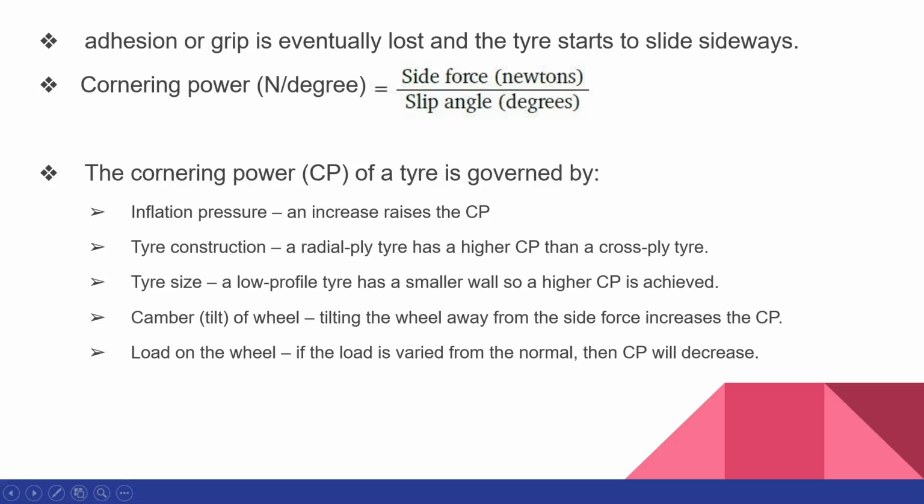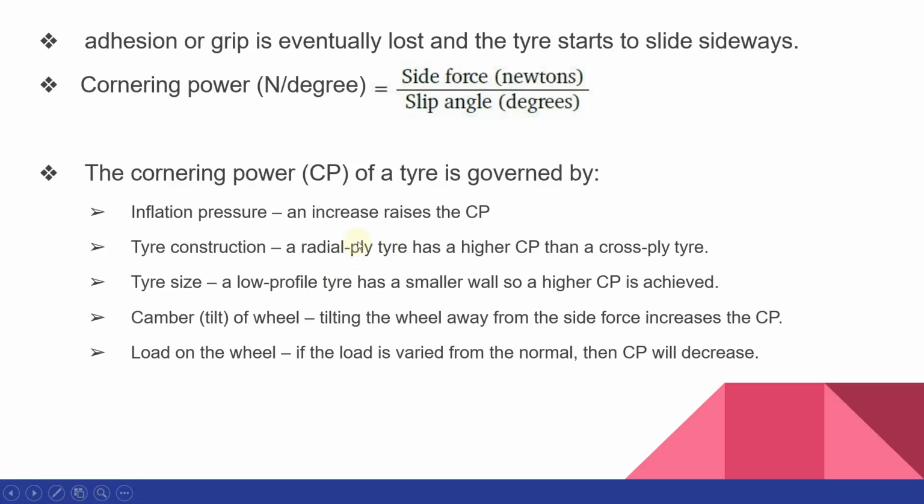As the pressure increases, it raises the cornering power. Then tire construction, how the tire is constructed. We have different ply systems, or the way in which the different layers of the tires are arranged. Ply means one layer of the tire.